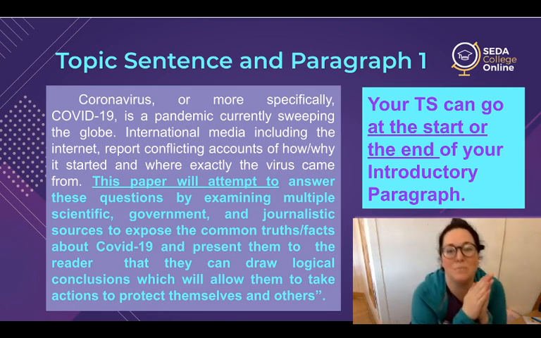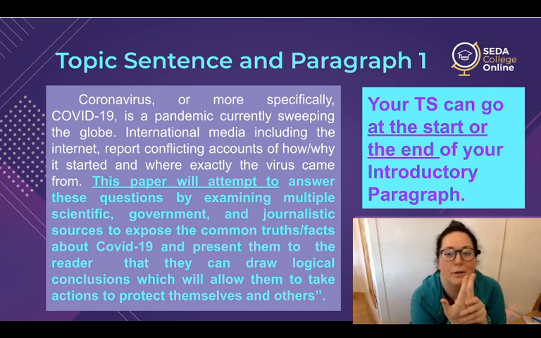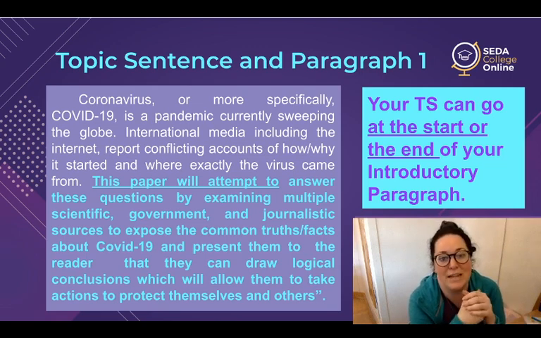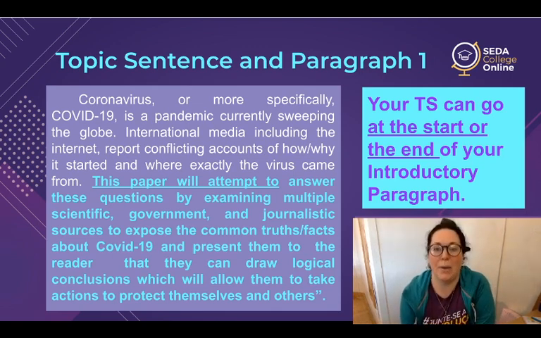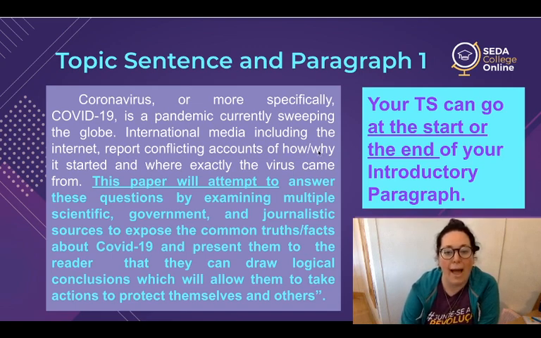If we think about those methods we were talking about, spatial, time, chronological, general to specific, causation, compare and contrast, there's a lot we can do with that second sentence, right? Now that we've set this up, it's really showing a way to do chronology, because we're like, how or why it started, where it came from.